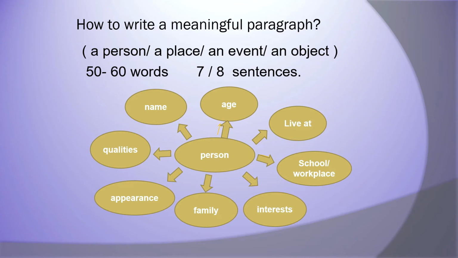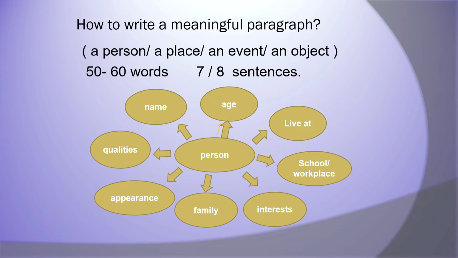If it is a person, what are the facts that we can give? Since it is a person, first we have to start with the name. We can tell his or her age, where that person lives at.